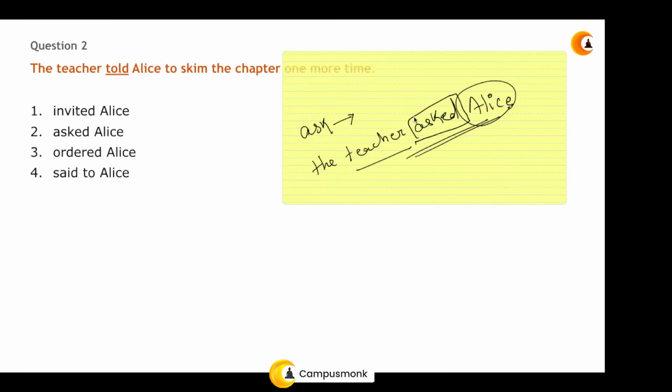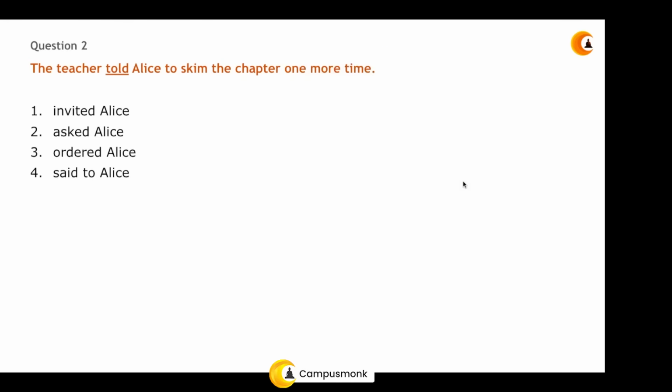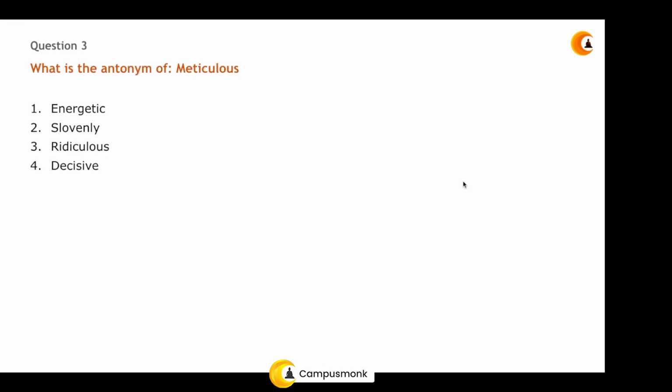So what will it be? It will be the teacher asked Alice. Clear? So your answer is in option number 2. That is, the teacher asked Alice to skim the chapter one more time. Alright? Okay. So moving on to the next question.